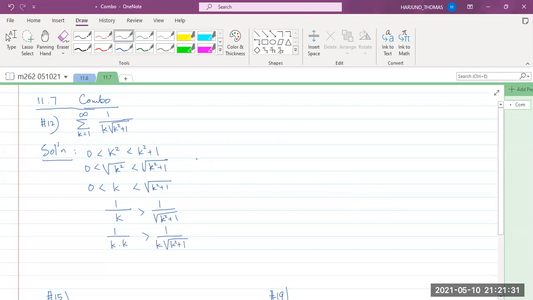So basically, let me continue here. The series 1 over k times the square root of k squared plus 1 is less than or equal to the series of 1 over k squared.